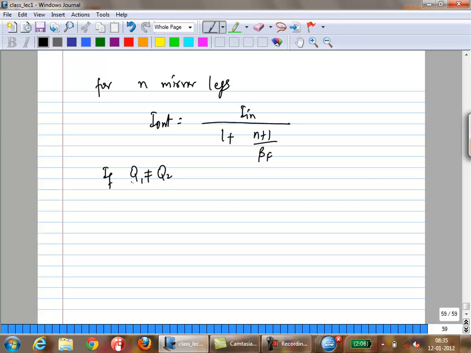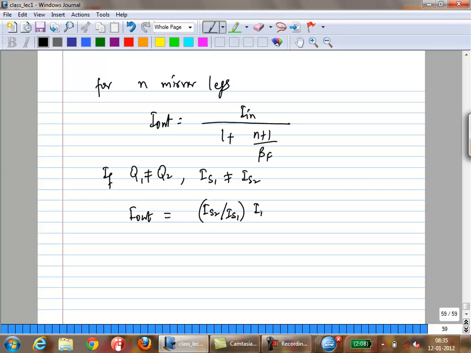Now if the two transistors aren't identical, then you know that the ratio of the two collector currents is nothing but the ratio of the two saturation currents. So you can get the overall output current as a function of the input current and the ratio of the saturation currents. You can go through the same process.